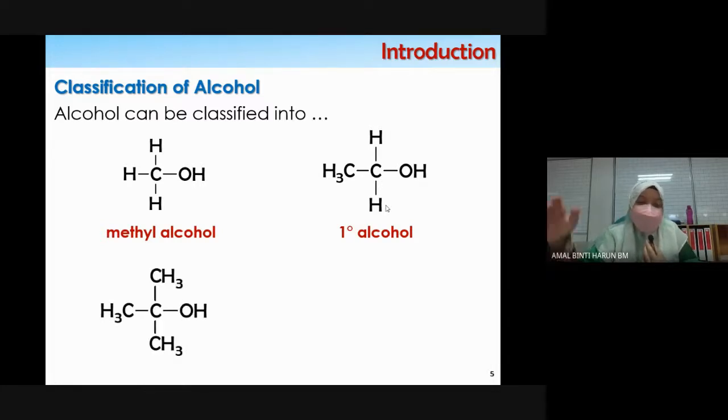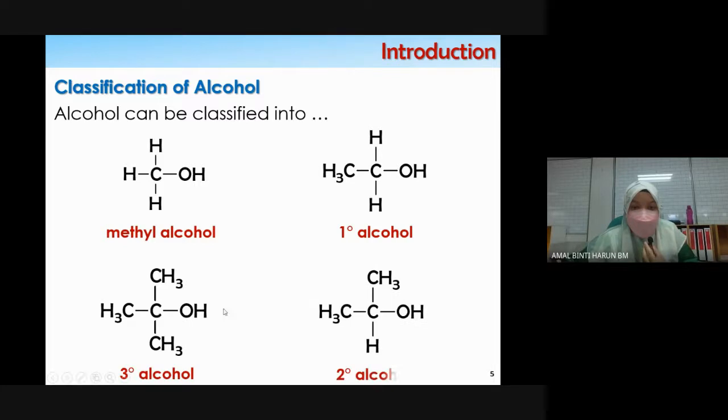The other one is, look at here. Okay, the OH is bonded to this carbon. Nampak yang dekat cursor saya ni. So carbon ini adalah carbon yang attached pada 3 lagi carbon. 1, 2, 3. So this carbon is tertiary carbon. So OH that bonded to the tertiary carbon is tertiary alcohol.